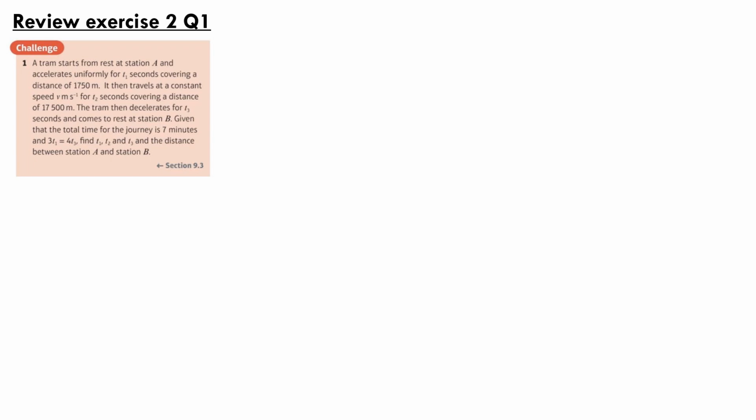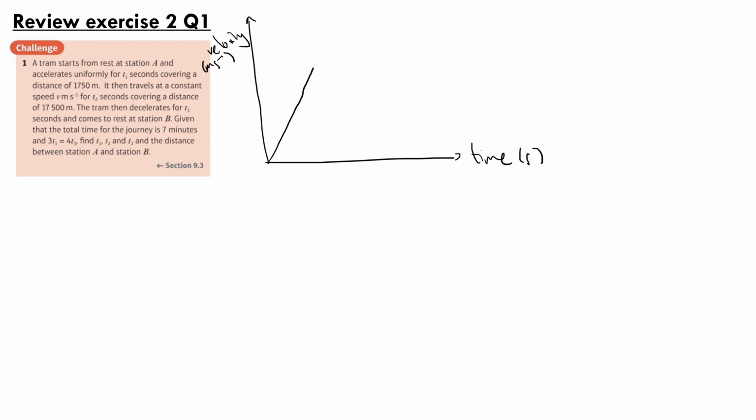So if we draw a velocity time graph for this here, we have velocity going along this axis and time going along this one. So the velocity will be in meters per second and the time in seconds. We have constant acceleration for the first part, so that will look something like this.